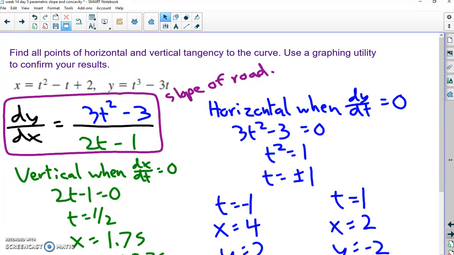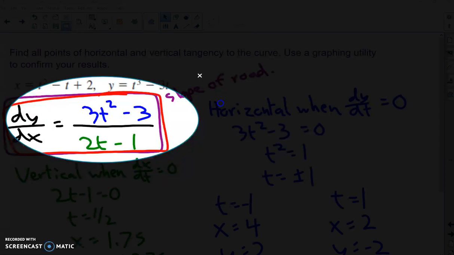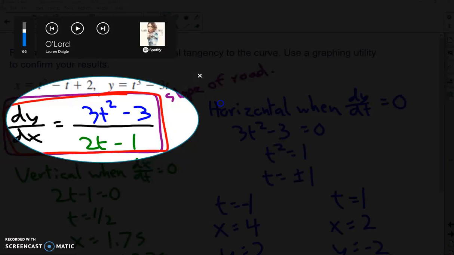That finds you if you're flat. So if I have this derivative and I want to know when am I flat, well, the key to finding flat is setting the derivative equal to 0. What color matters if I'm setting the derivative equal to 0? The blue. So if I set the blue equal to 0, I'll find where it's flat.